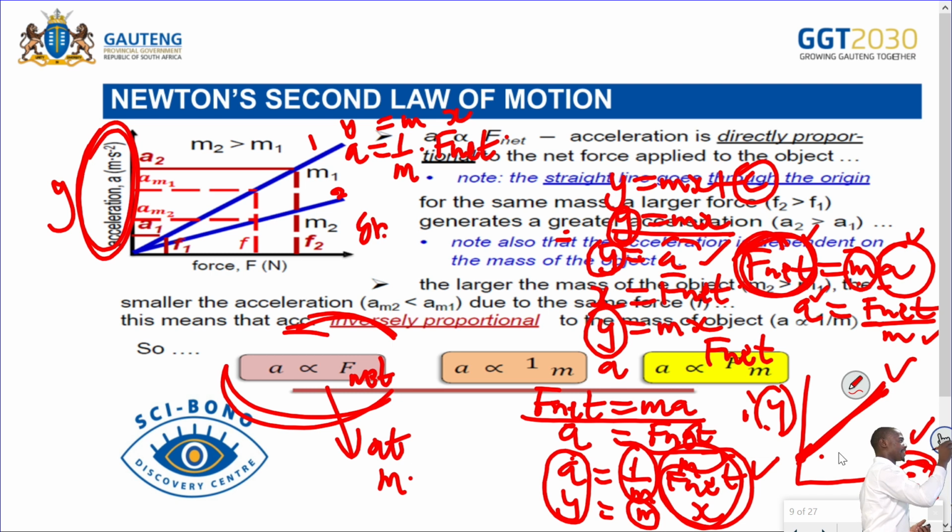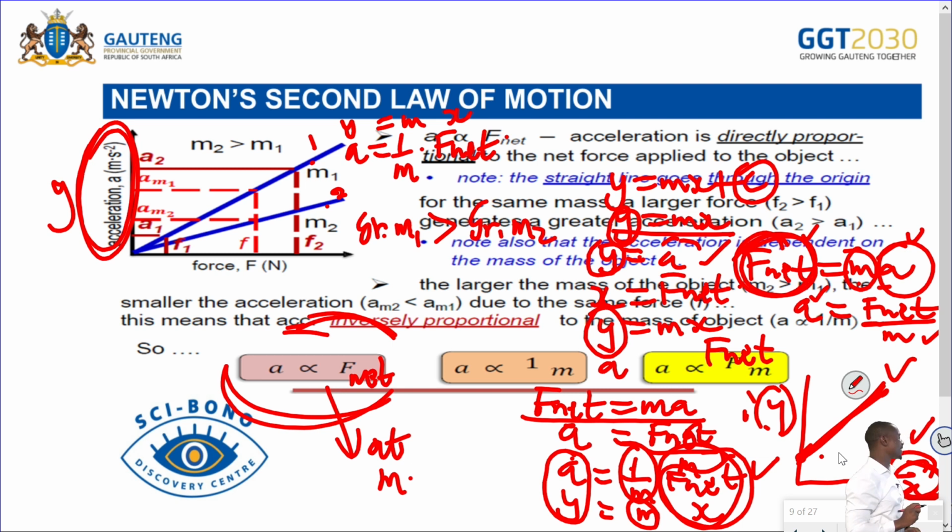The gradient of m1 will be greater than the gradient of m2. I'm talking about the gradient of the line. So which line is steeper than the other one? It is m1 compared to your m2, all right? So the gradient of m1 is greater than the gradient of m2. This line is steeper than the one of m2.